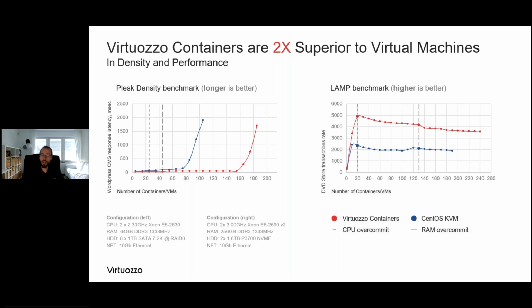You see it on the right side when you compare the number of containers and virtual machines, and you see the memory overcommit. Especially in terms of overcommit, our behavior is much more predictable, and our transaction rate per virtual environment or container is significantly higher. It's also almost twice that of a virtual machine.